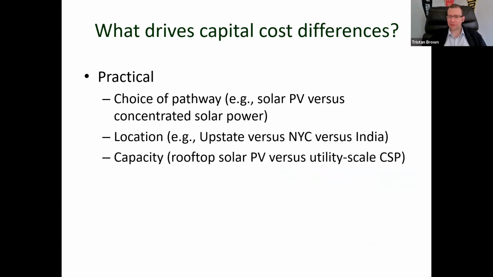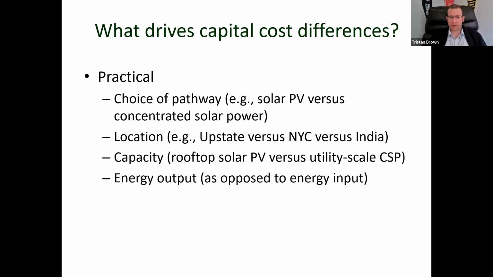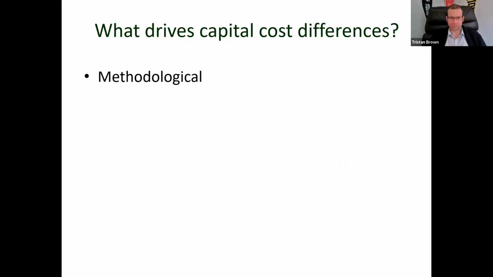What your capacity is ultimately going to be, right? You're talking very large, you're talking very small, and your energy output. The more energy output you get, the more valuable that is going to be, whereas the more energy input that goes in, the less valuable it's going to be in the sense that your operating costs are going to be a lot higher. So this is where conversion efficiency becomes very important.